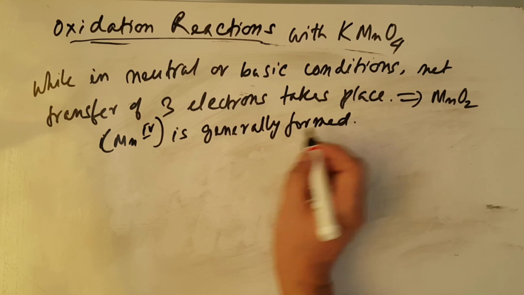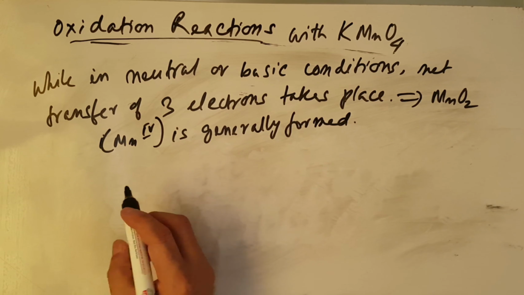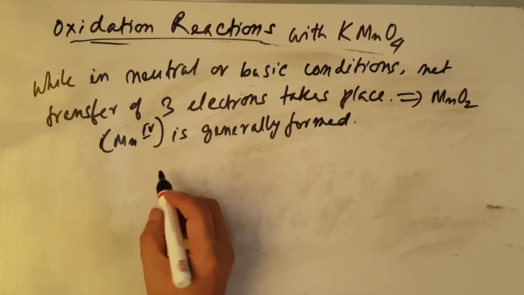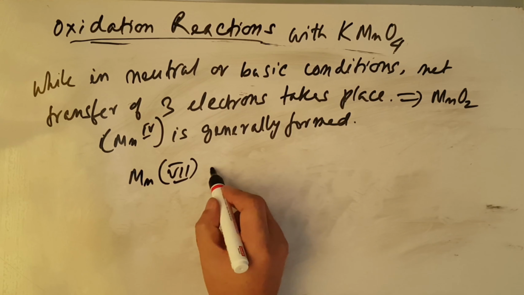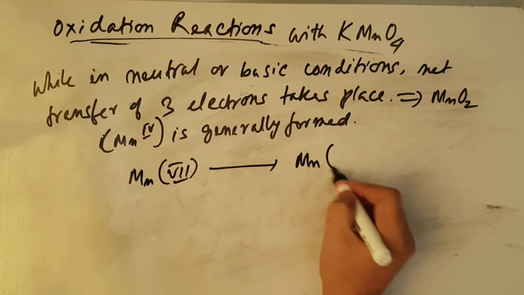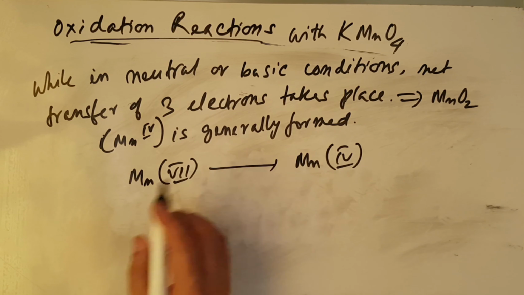From Mn 7 in potassium permanganate to manganese dioxide, it is Mn 7 to Mn 4 that takes place, as I write down here. So the transfer of 3 electrons takes place. Similar to earlier cases, we can write the reaction for oxidation of secondary alcohols to ketones in the presence of potassium permanganate in basic or alkaline solution.